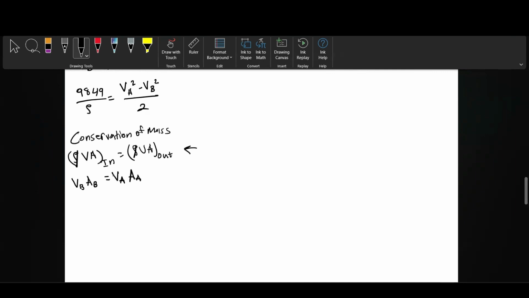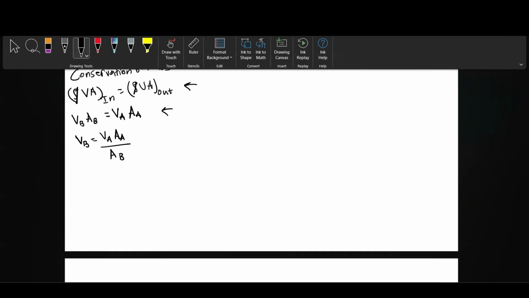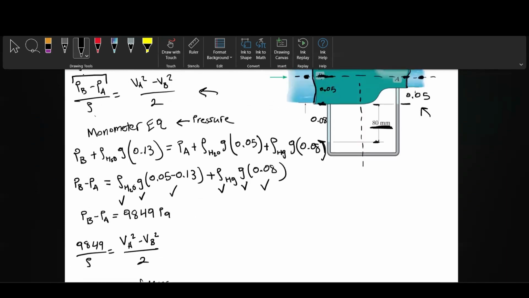So this is the equation that we're using here. We're going to say VB equals VA times AA divided by AB. We know areas, we can find the areas, so that's not really a problem. So let's go ahead and do that.